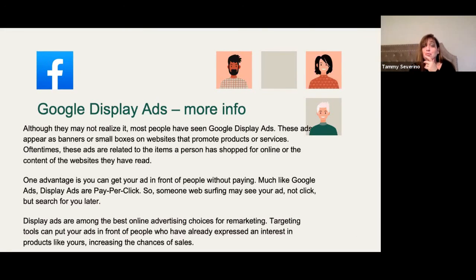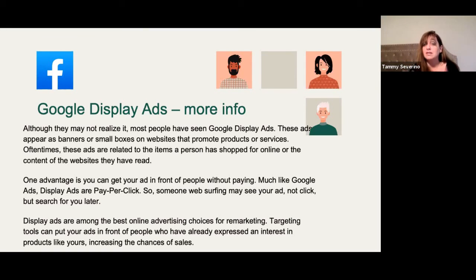So if you have been reading about new furniture or redecorating a room, Wayfair is likely to come up. Local furniture stores are likely to come up. Local home decor stores are likely to come up because it's based on the content that you have read recently.